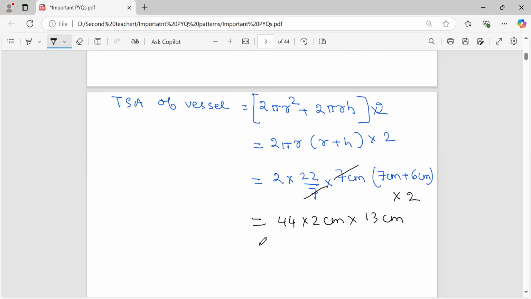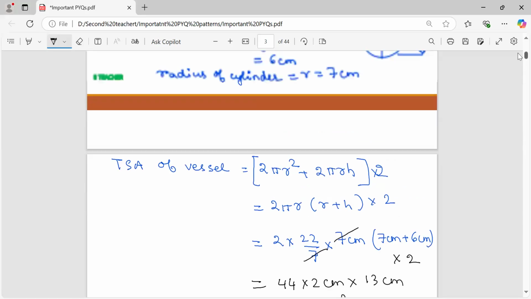So 88 into 13. And I think that will come as 1144. Quickly check your answer. Yes, I want all of you to put answer in the chat box. That is 1144 centimeter square. That is the first question that we have solved.